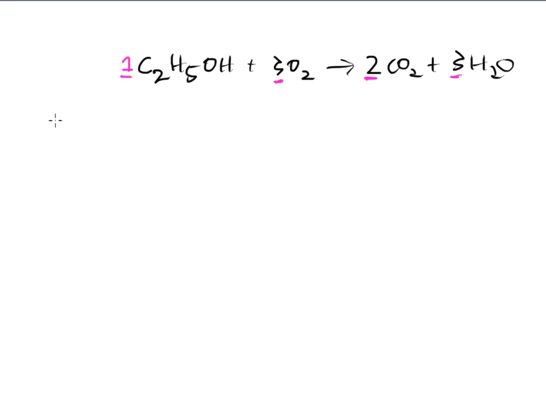Next up, the question. The question is going to say, there's your equation. These are all of the reactants, and these are all of the products. What if, number one, the question said, let's say that you had 10 grams of C2H5OH.